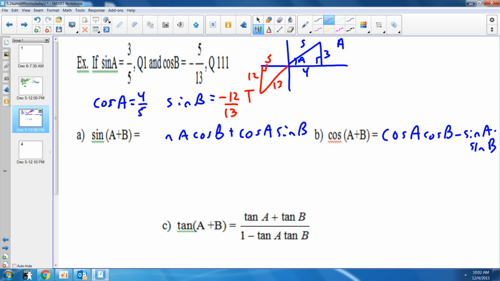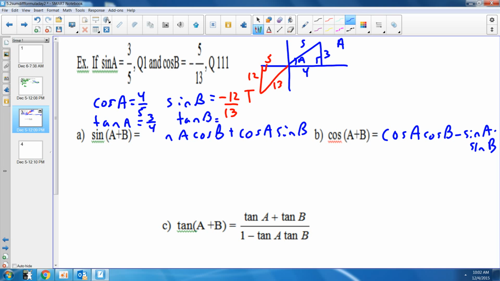Now, one other thing is on the tangent of A plus B, you need the tangent of A and the tangent of B. So I would just, all at the same time, go through and do sine, cosine, and tangent for all of them. The tangent of A, you can easily see just by the diagram, is going to be positive 3 over 4. And the tangent of B is going to be 12 over 5.